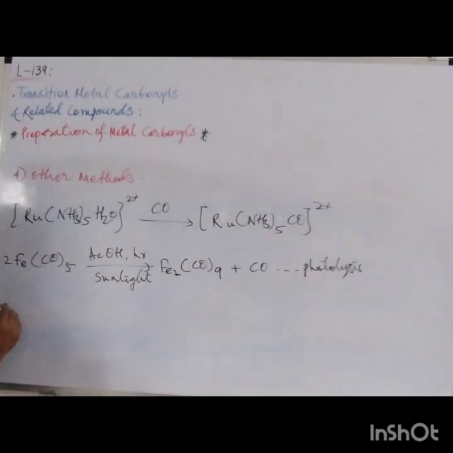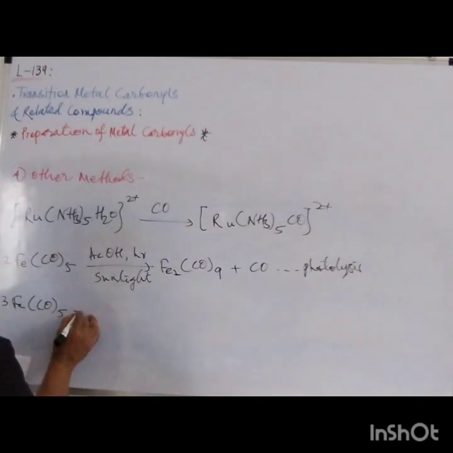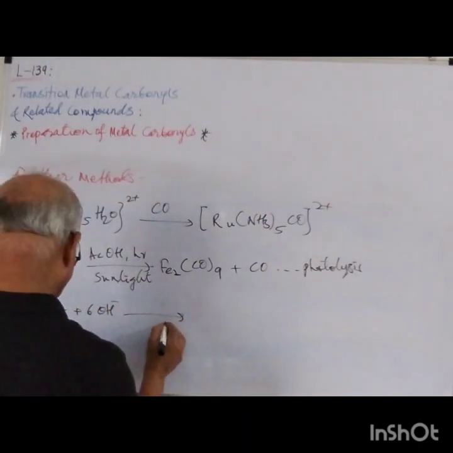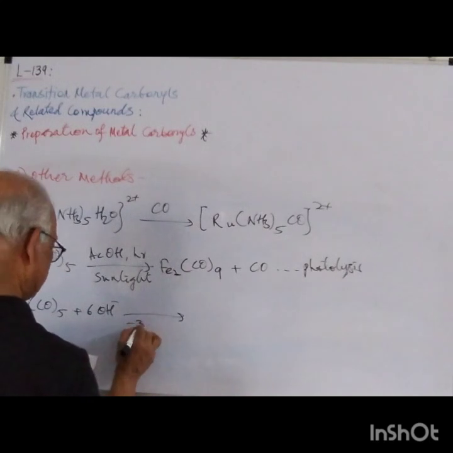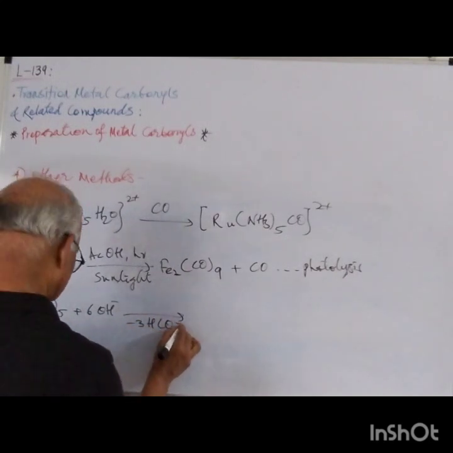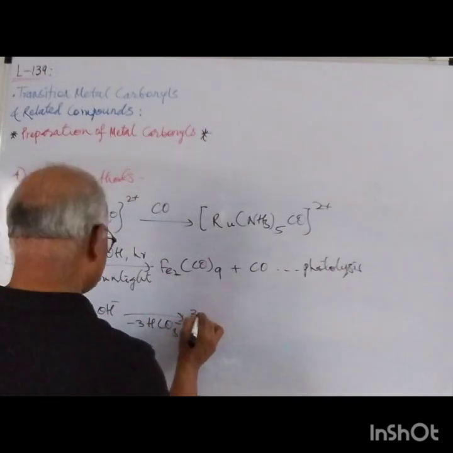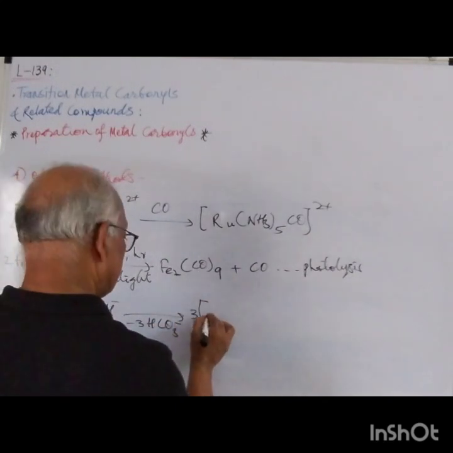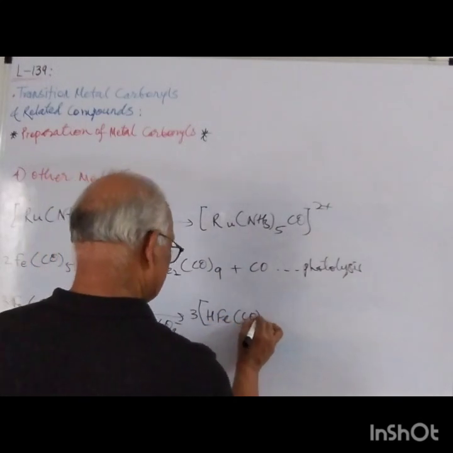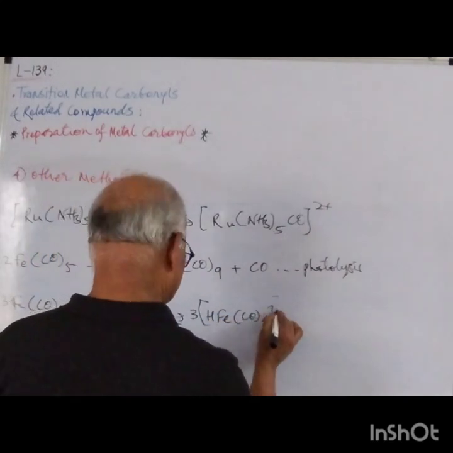Then another reaction is thrice Fe(CO)5 plus 6 OH minus gives thrice HCO3 minus and thrice HFe(CO)4 minus.